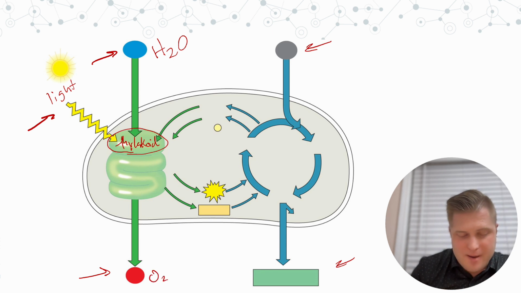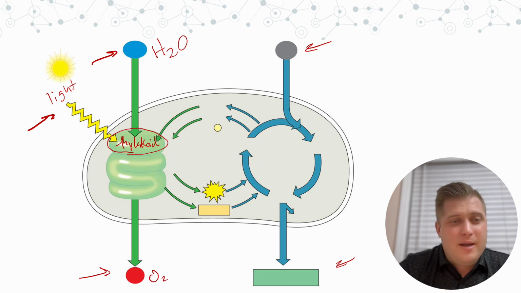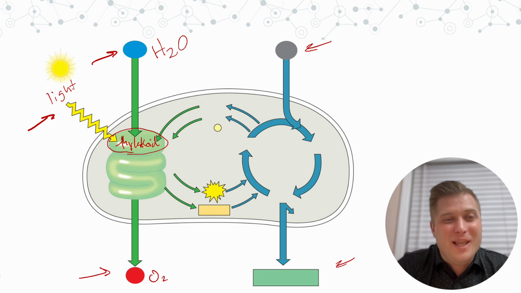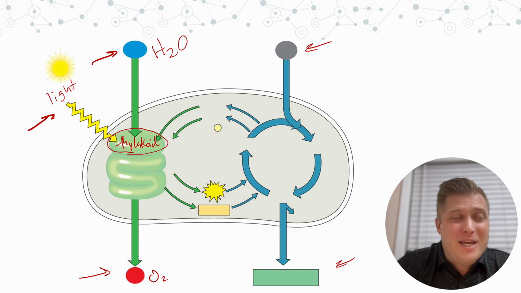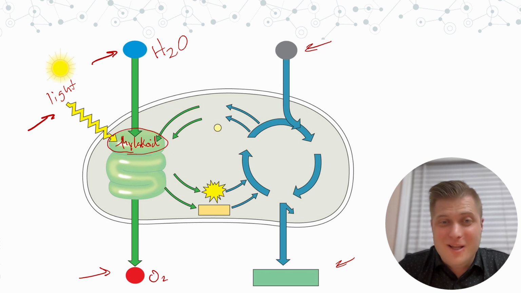Oxygen is going to come out. Now that's important for you and me because I don't know about you, but I kind of like to breathe oxygen. Oxygen keeps me alive, keeps you alive, keeps anything that's not an autotroph alive. So H2O and sunlight are coming into the thylakoids and oxygen's coming out.